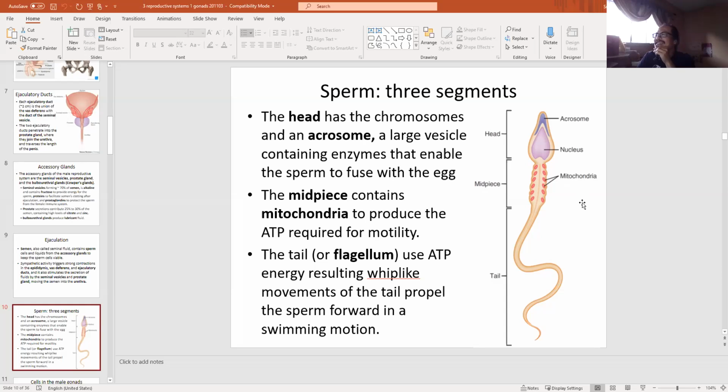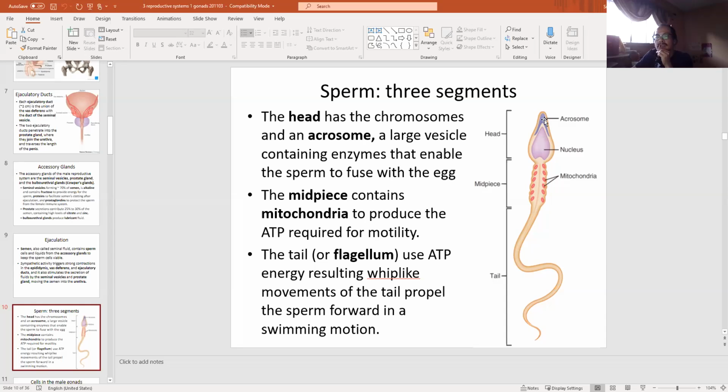All right, so let's continue. That is the sperm. Let's get a closer look. What do you need to know about this sperm? First of all, it has three segments. The head, including the tip portion, is called the acrosome.